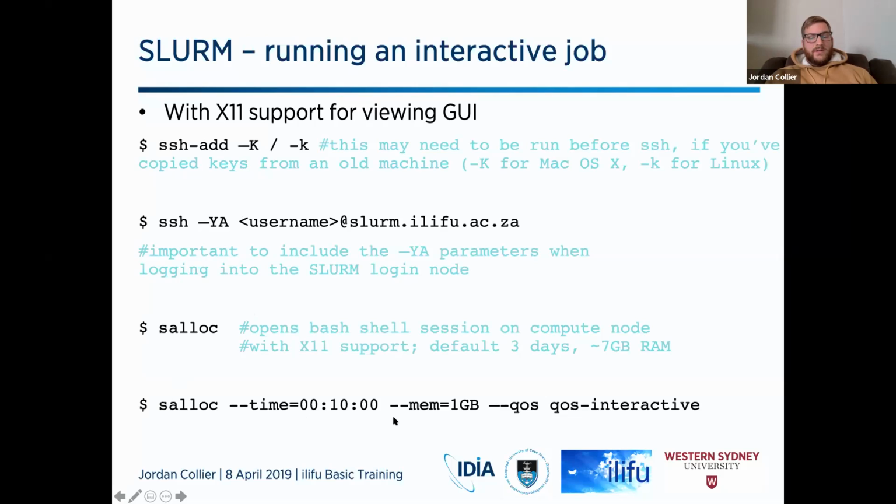So a lower wall time than 3 days, a lower memory than 7 GB, and this would increase the likelihood of you getting an immediate job accessing the compute node. And then also QoS interactive. This is the quality of service. So you're saying, I want an interactive job. So that has a higher priority of going onto the compute node.